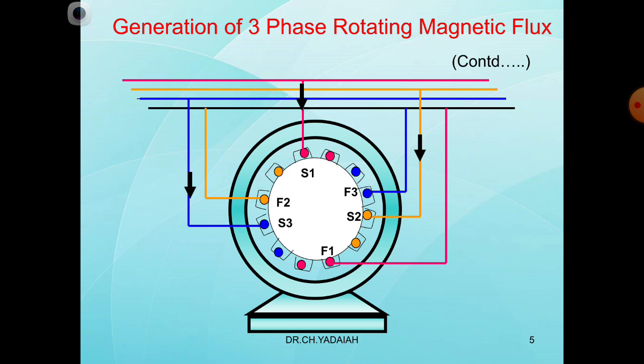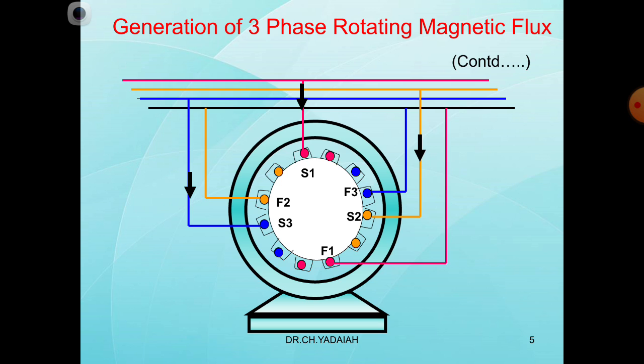As we know, MMF is equal to N into I, where N is the number of turns and I is the current. If the number of turns increases, the flux automatically increases. If the current increases, the magnetic field automatically increases. But initially we designed a fixed number of turns. So what is the variable here? The only variable is the current. If it draws more current, it establishes more flux.